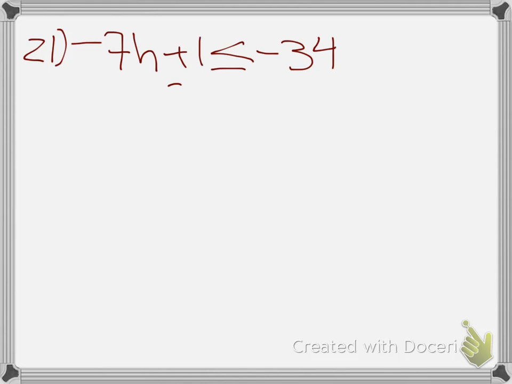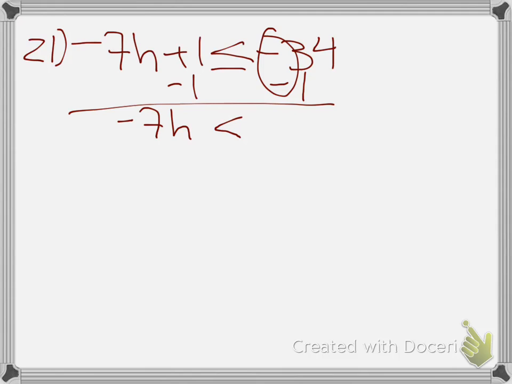Number 21, negative 7h plus 1 is less than or equal to negative 34. Minus 1, minus 1. Keep in mind, if I have two negatives, I'm going to add them together. So this is negative 35.